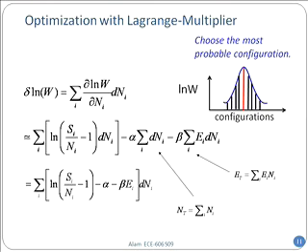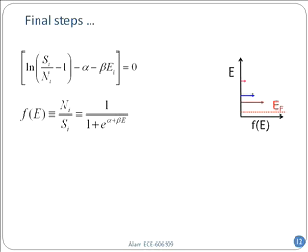Now the whole thing has to be at the maximum point. The whole thing has to be 0. Now if the whole thing has to be 0 regardless of delta Ni, then the term inside the square bracket must have to be 0. So if that is 0, do you see that you can immediately transfer it down to the next equation? How do I do that?